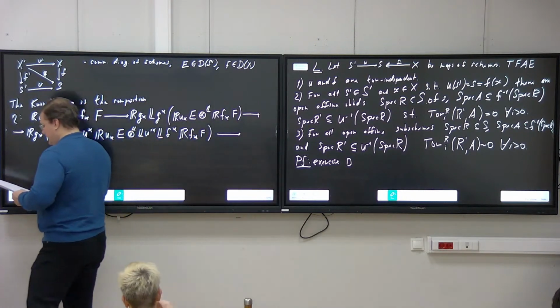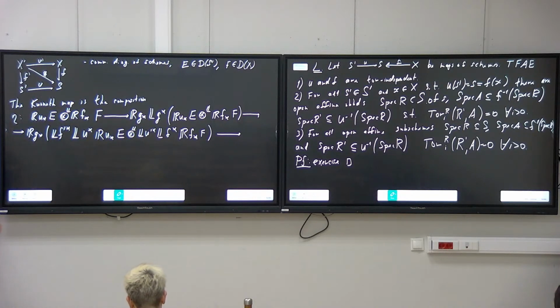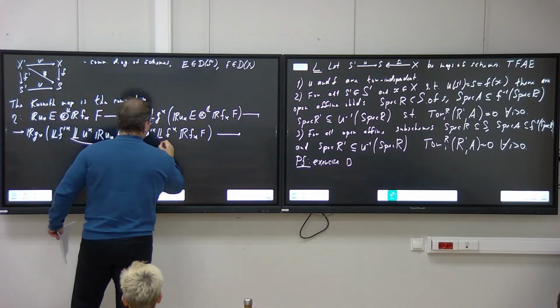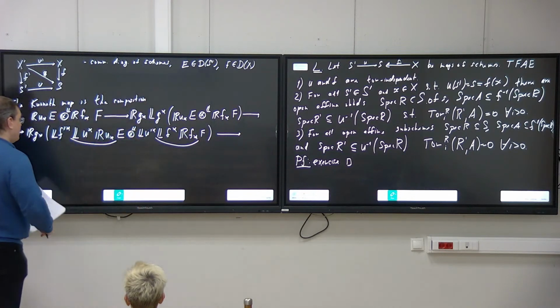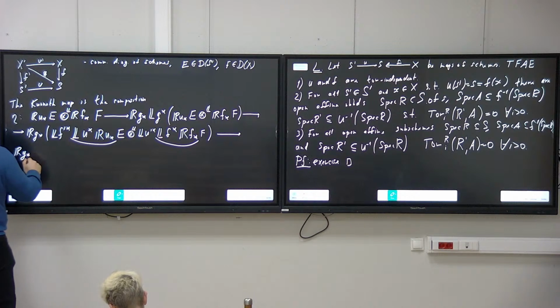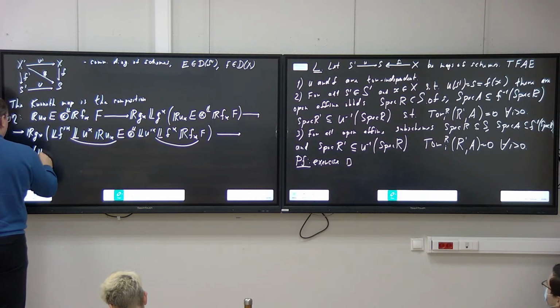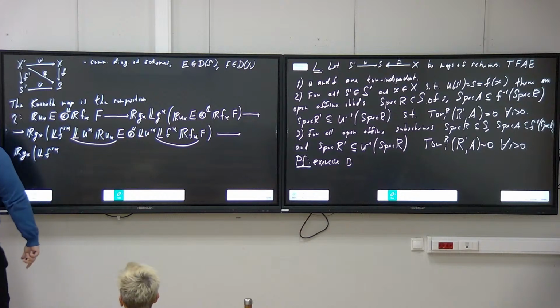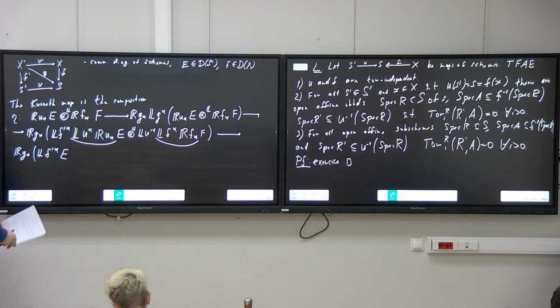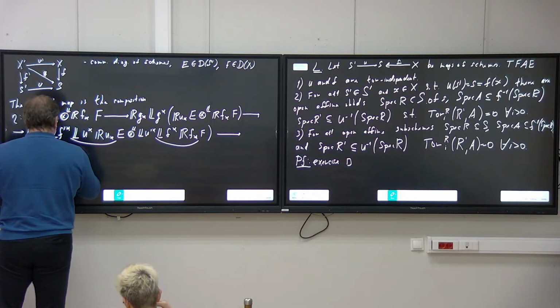So then I have a map, so I need to look at this adjunction and also this adjunction. Right? So then I can use the counit of this adjunction to write this as the RG rho star, which is applied to the pullback along the F prime, which is applied now just to the E. Because here is this composition of functors, I just used the counit of the adjunction, and the same for the second argument in the tensor product.